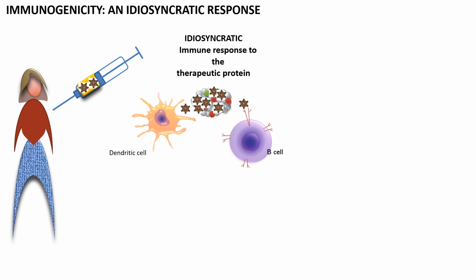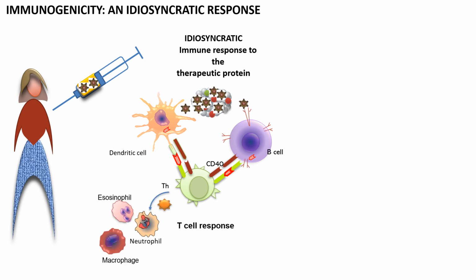They can basically process the whole drug that is perceived as a danger signal and actually present, that's why they're called antigen-presenting cells, they present the T cell epitope that then the T cell will recognize as dangerous, and in the appropriate conditions of co-stimulation, this T cell will be activated to mount the immune response against the drug.